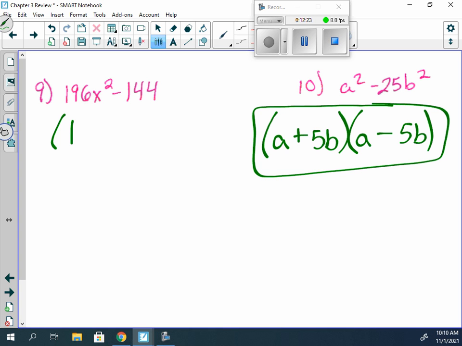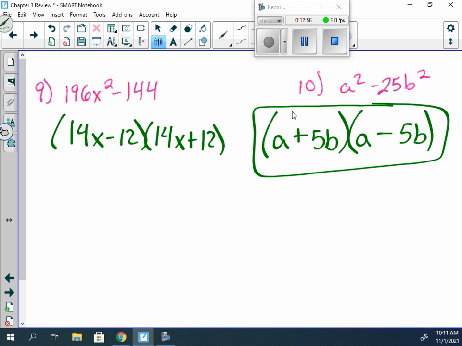So I think this is 14x minus 12 times 14x plus 12. Yeah, it should be 14 because 169 is 13 squared.